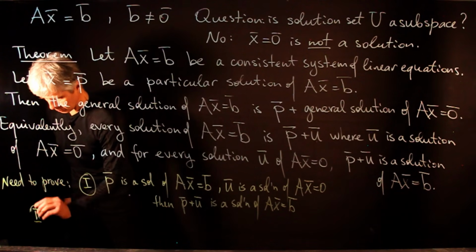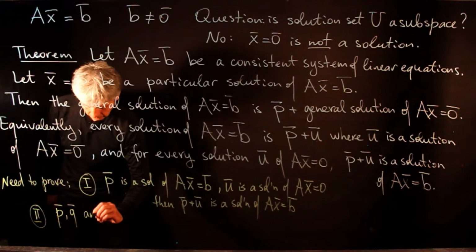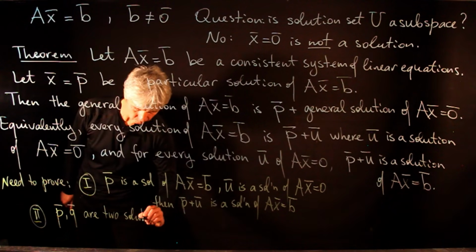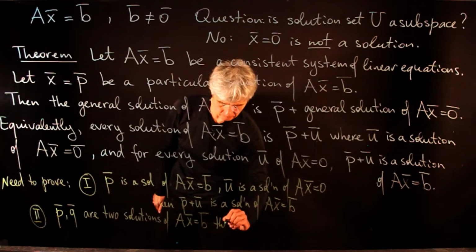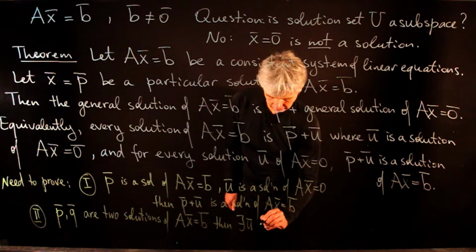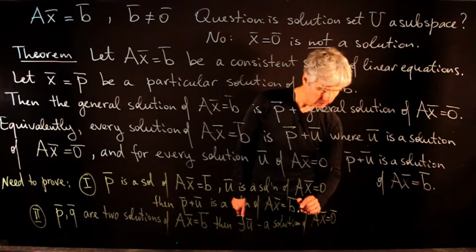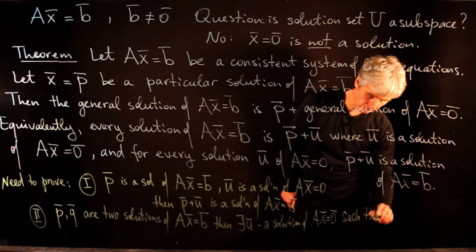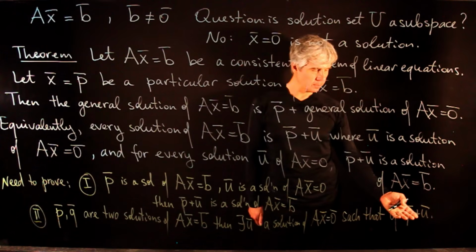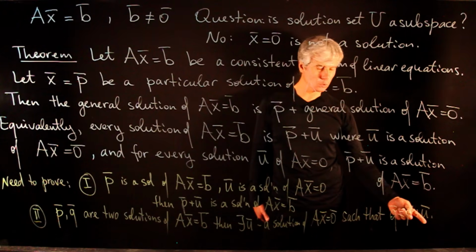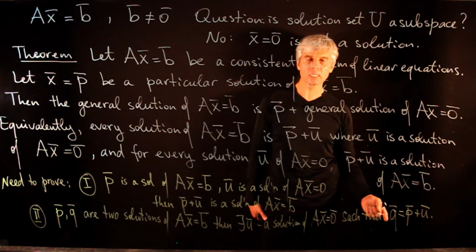And the second part is that if P and Q are two solutions of AX equals B, then there exists U, a solution of AX equals 0, such that Q is equal to P plus U. So this means that every solution of a non-homogeneous system is obtained in this way.